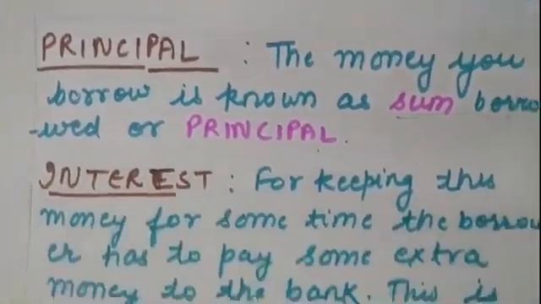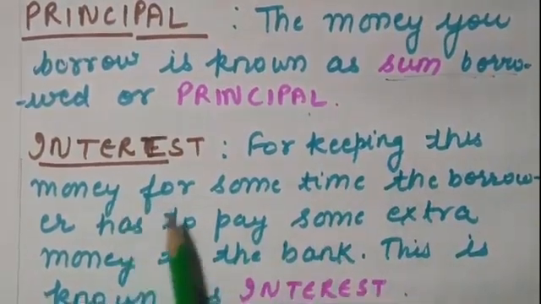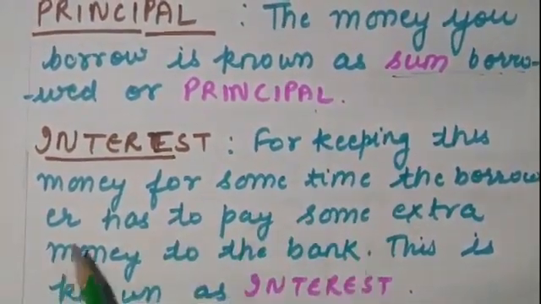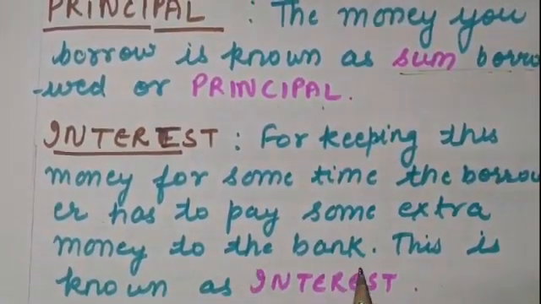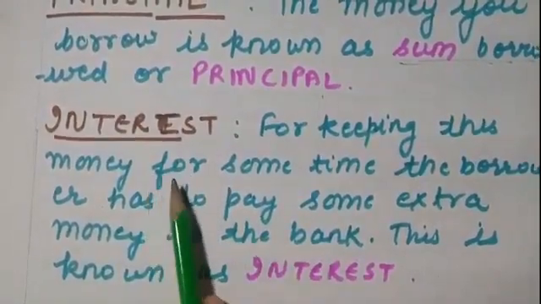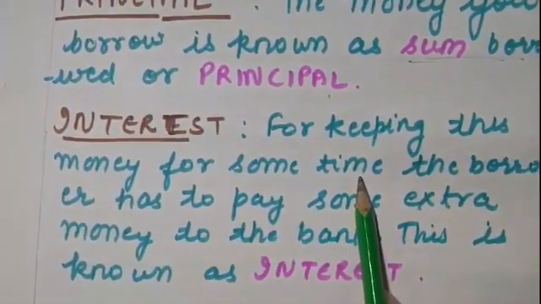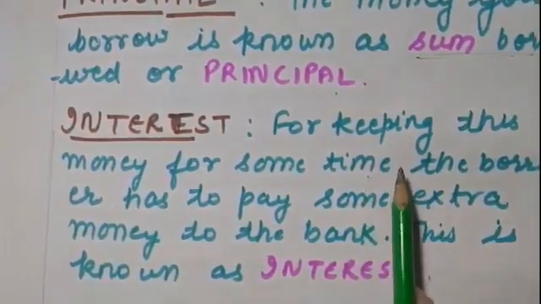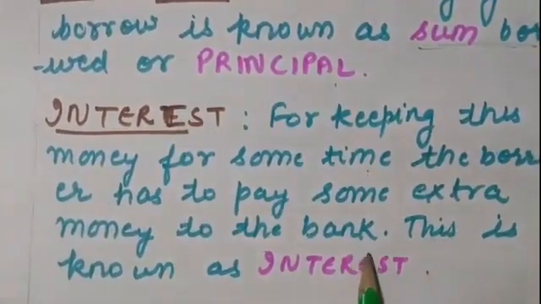After that, come to interest, or you can say simple interest. For keeping this money for some time, the borrower has to pay some extra money to the bank. Let us read it again. For keeping the money for some time, suppose you use the money for some time, the borrower has to pay some extra money to the bank.